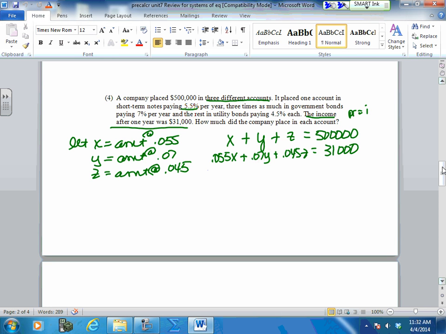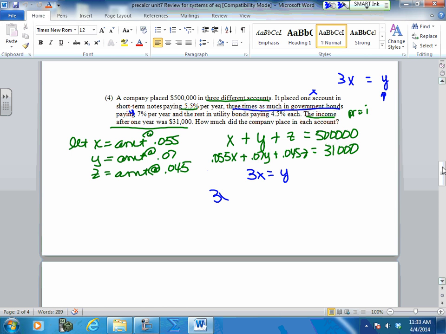So we noticed in here, he has 3 times as many government bonds paying the 7%, which is your Y, versus the first one, which was your X. So we start like this. He has 3 times as many. So therefore, my Y has to be more. So I have to multiply my X by 3 to give me Y. And get this to one side.